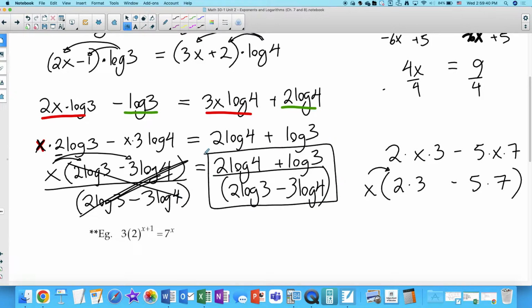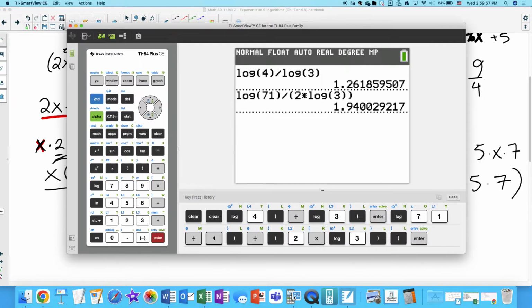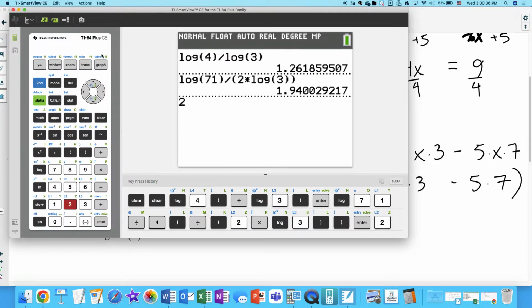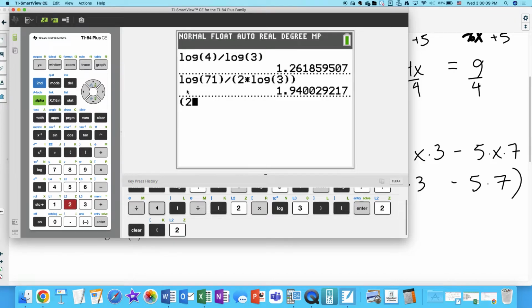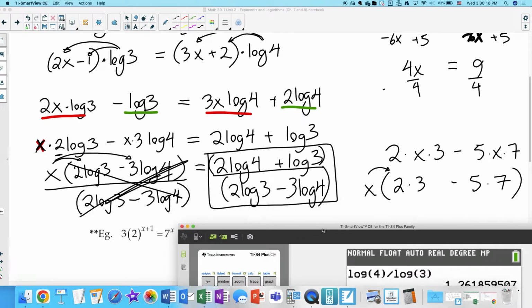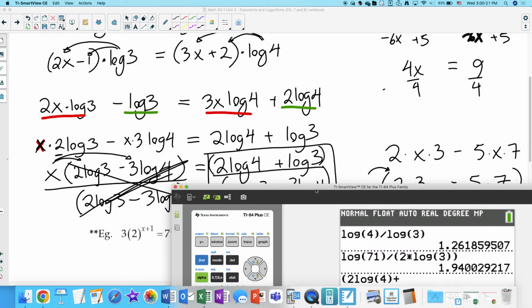Again, if you're looking for a decimal approximation, it's really important that the entire numerator goes in a set of brackets and the entire denominator goes in a set of brackets, okay? Because people will make errors with that. I can't even remember what it was. Oh, I just did it. I didn't put the bracket in. 2 log 4 minus 2 log 3 plus... minus, 2 log 4 plus log 3.